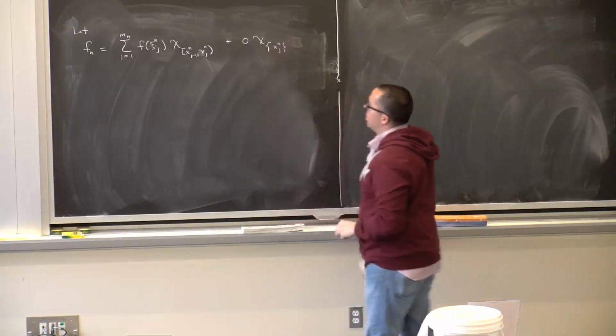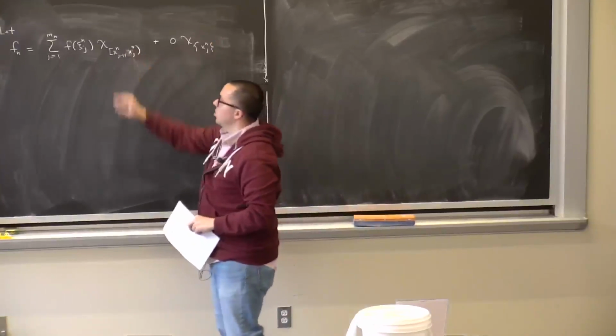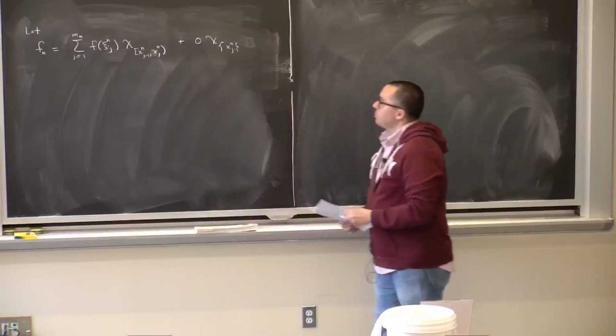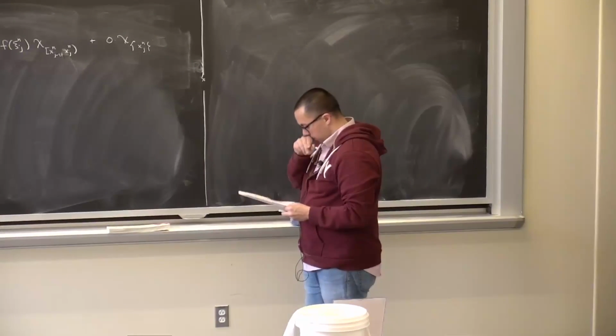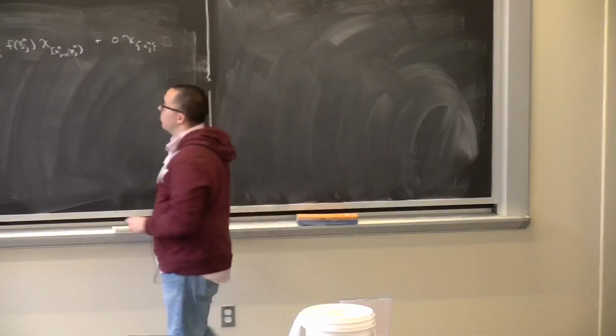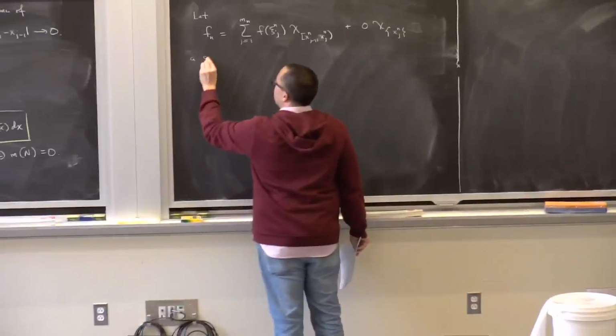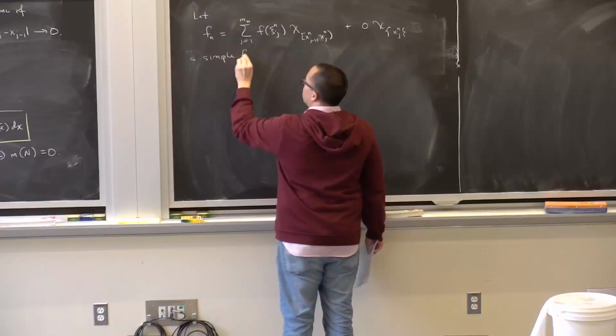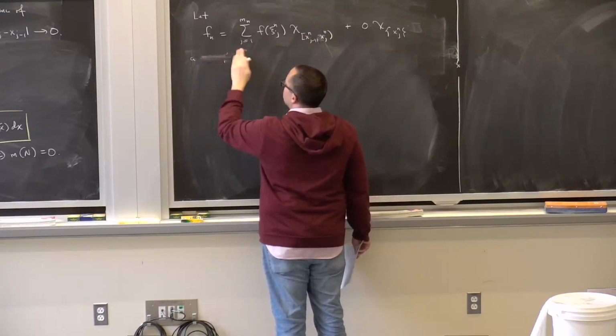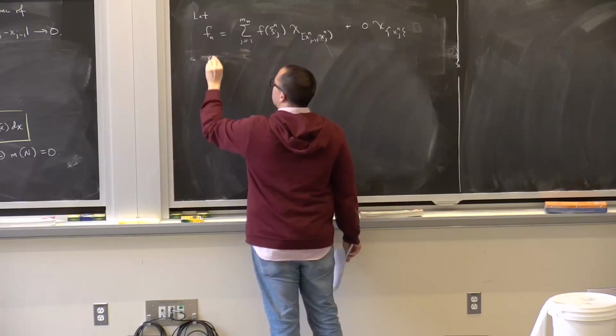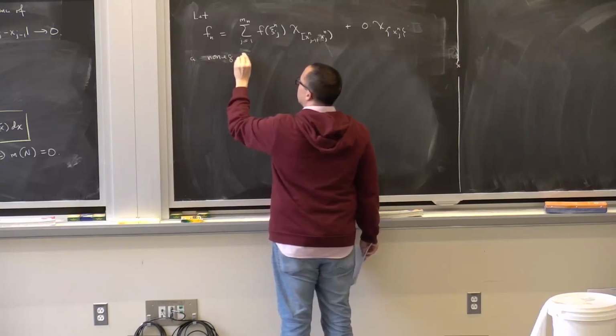Okay? This part doesn't really matter. I'm just saying. So this is a simple function for each n. Should say a non-negative simple function.